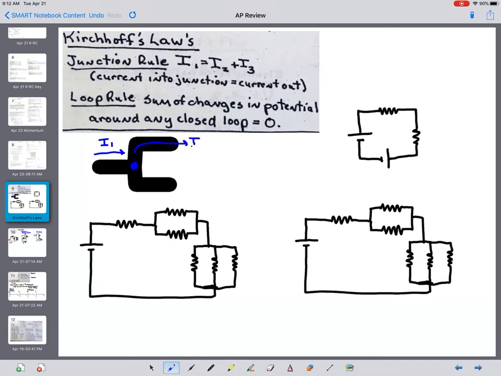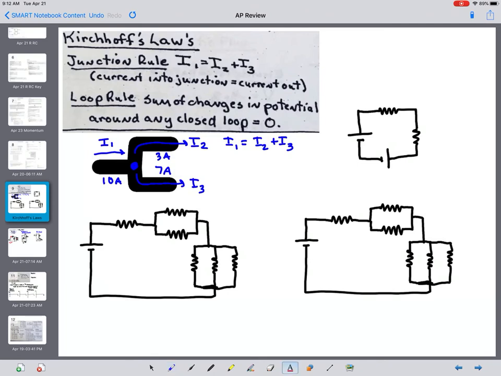So then on this side, I would have an I2. On this side, I would have an I3. And then I1 must add up and match the sum of I2 and I3. In numbers, if I let I1 be 10 amps, then maybe I2 is 3 amps and I3 is 7 amps. So 10 went in and 10 came out.